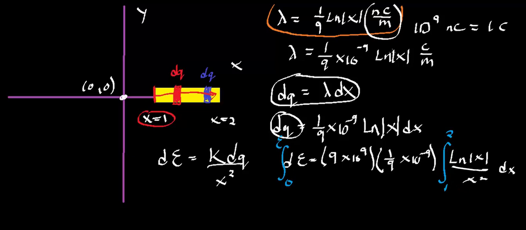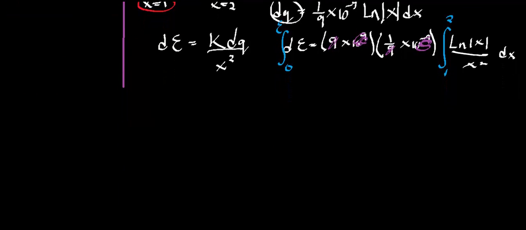Notice that in the case of the constant, 10 to the 9th cancels with 10 to the minus 9th. 9 divided by 9 is 1, so that's the reason I chose these values, so our constant out in front is just going to be 1. And so we don't have to deal with a constant, we're just dealing with the integral.